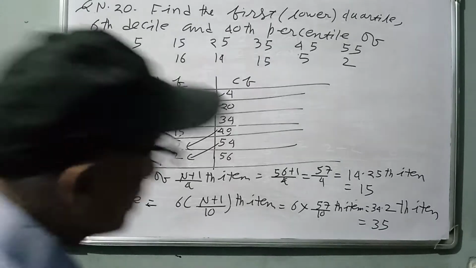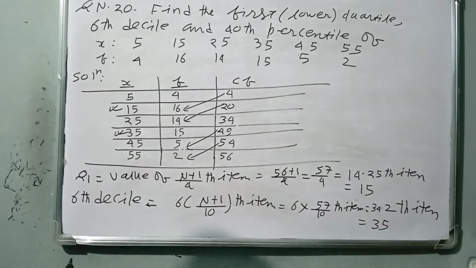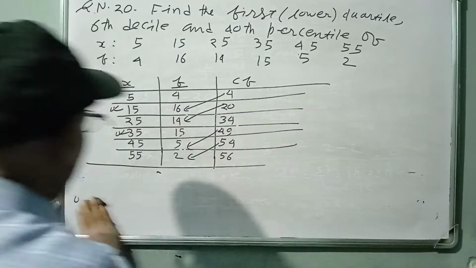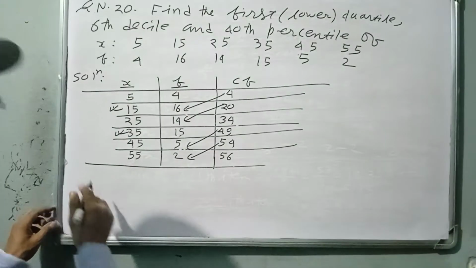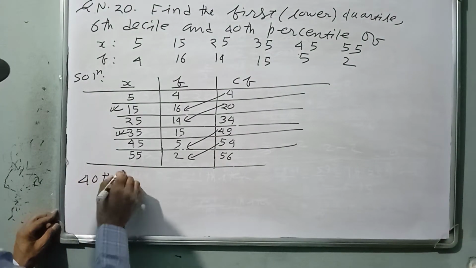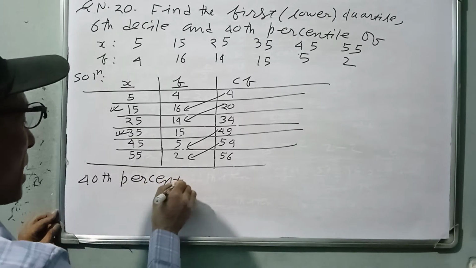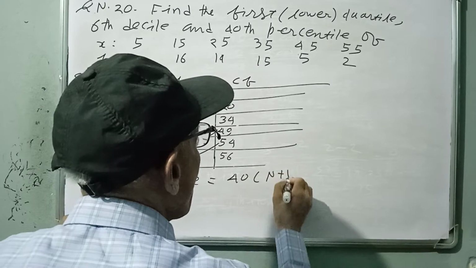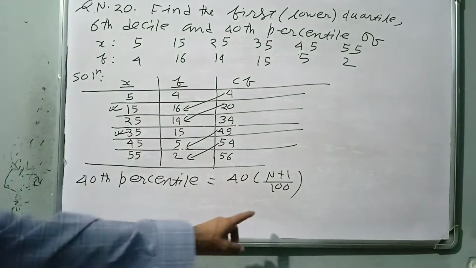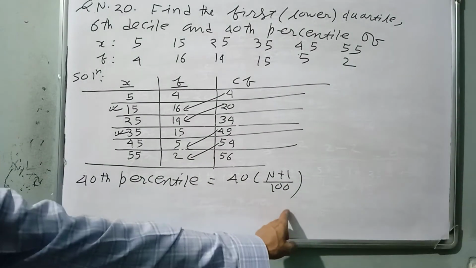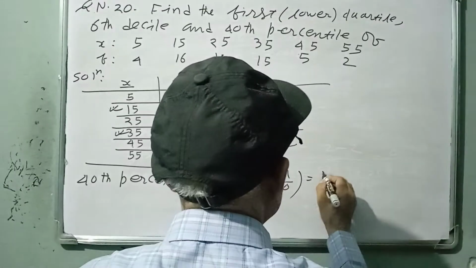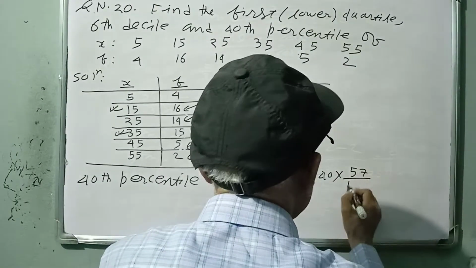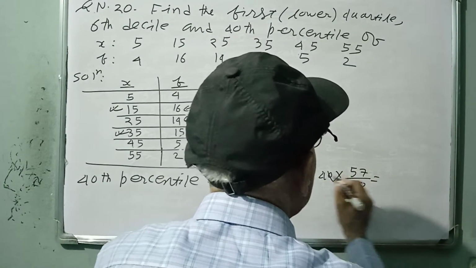40th percentile is left. So find out the 40th percentile. 40 (n plus 1) by 100. Percentile: percent means divide by 100. 40 into (n plus 1), already given, 57 by 100. Zero cancels.